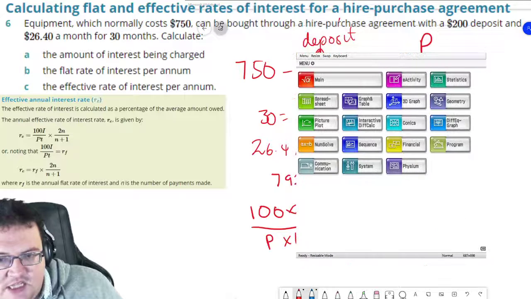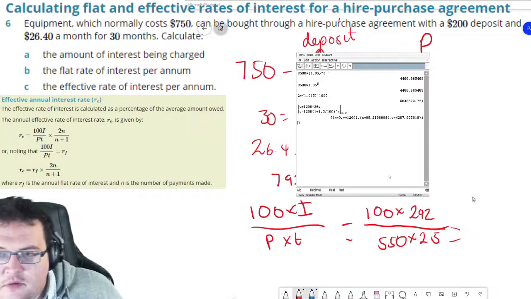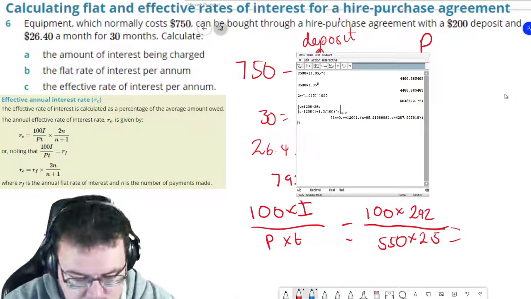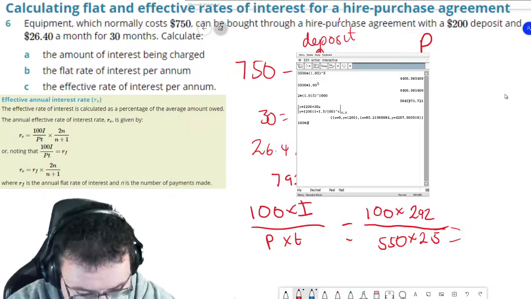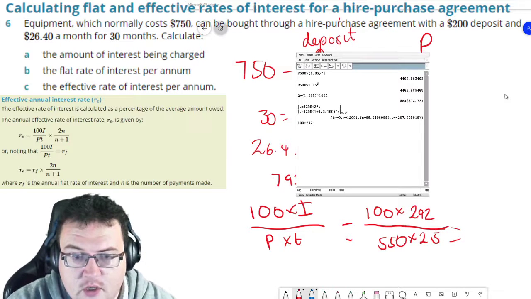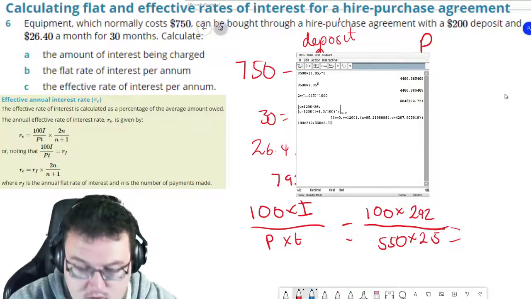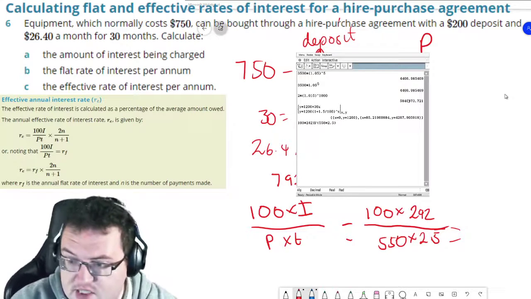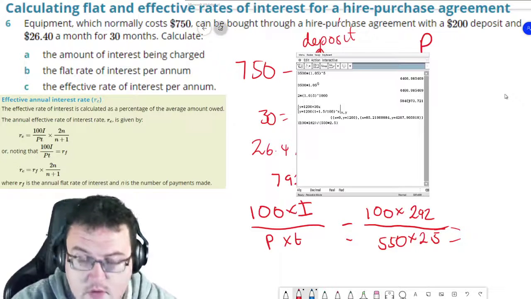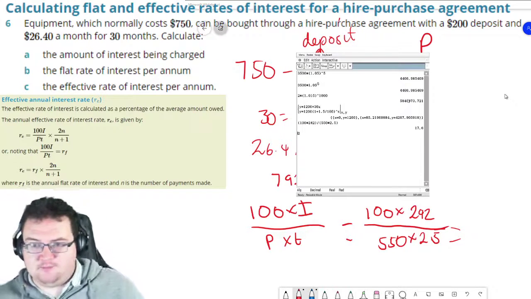Oh, here's Mr. Kaz to help us out. 100 times 242 divided by 550 times 2.5. Make sure we've got some brackets in here so that they don't try and BODMAS us to death. 17.6.